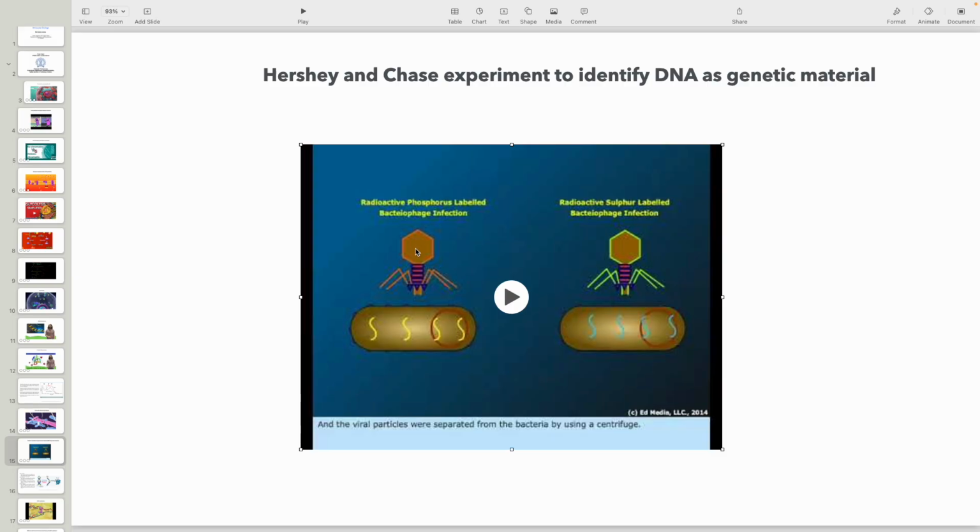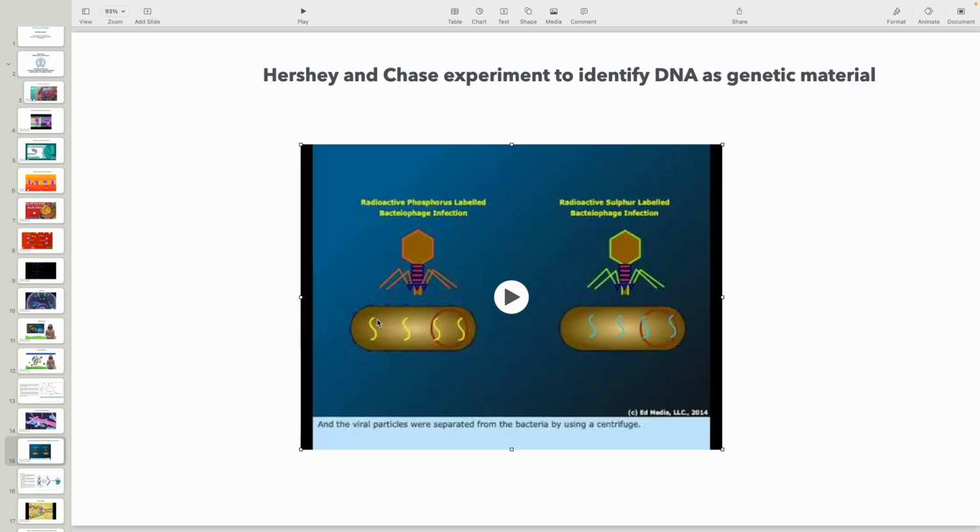So after the infection, how does the virus infect? First they attach to their host, and then they inject their genome inside the host cell. Once they have injected the genome in the host cell, the scientists removed the attached empty phage particles with the help of centrifugation. Then they looked for the radioactivity present in the host cell.